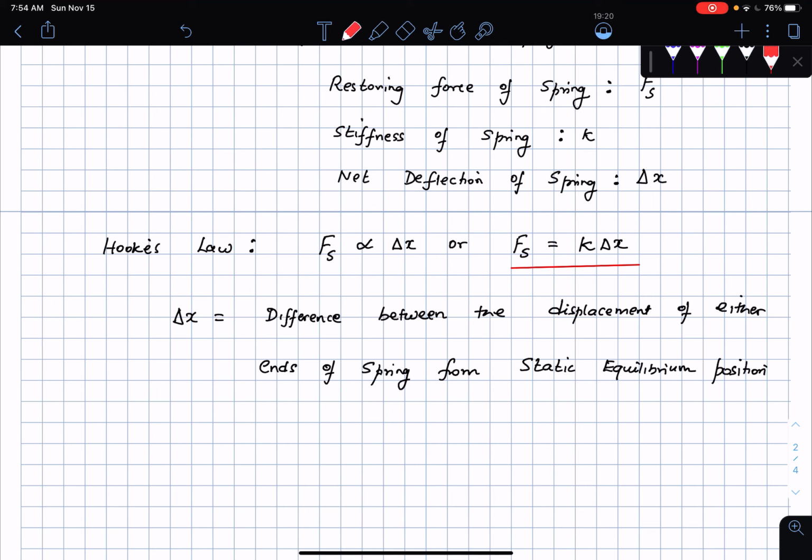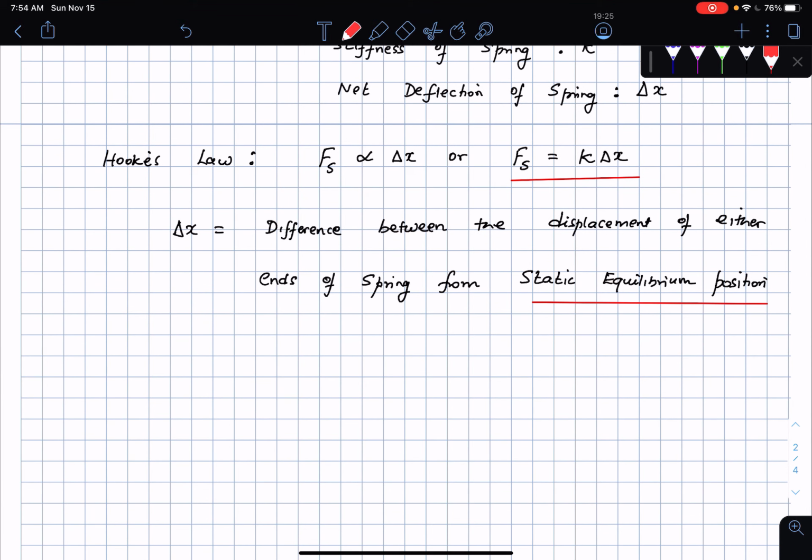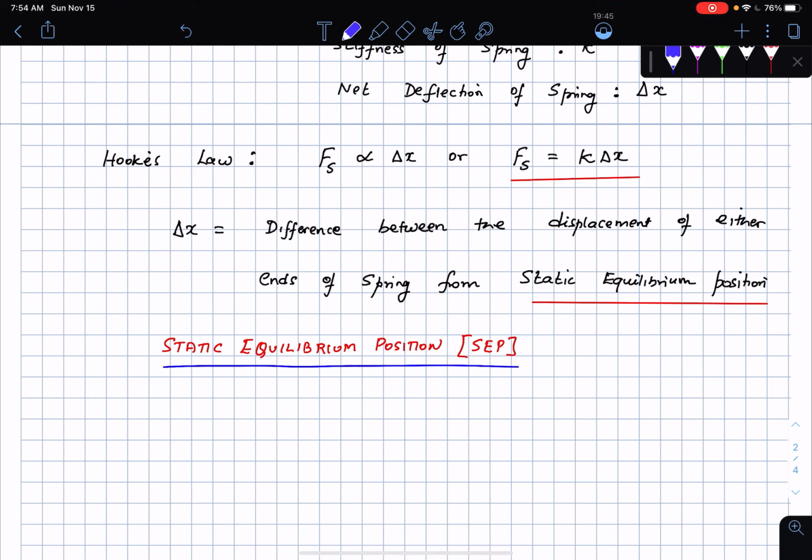Look at this word, this is an important word here: static equilibrium position, which is called SEP. This is the position when the spring is unstretched.